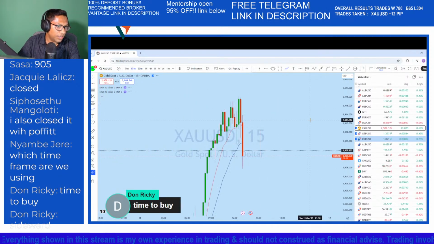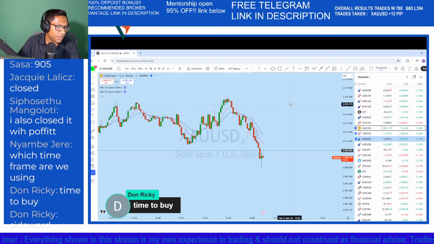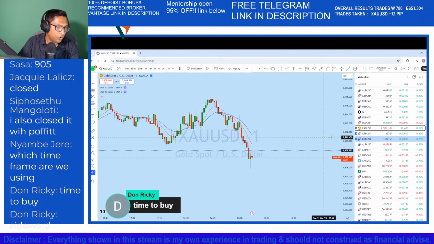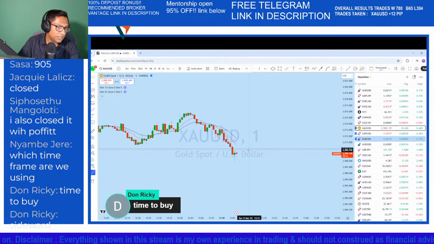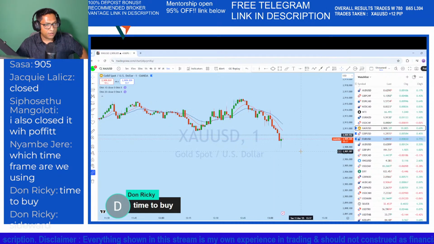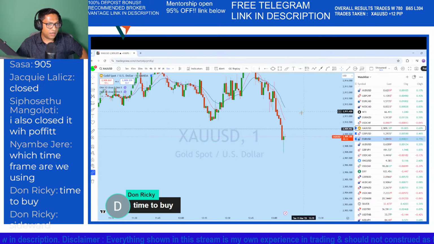So looking here at the lower time frame, the way the candlestick is forming, we would like to see that it has formed enough liquidity. The price has formed that liquidity zone.